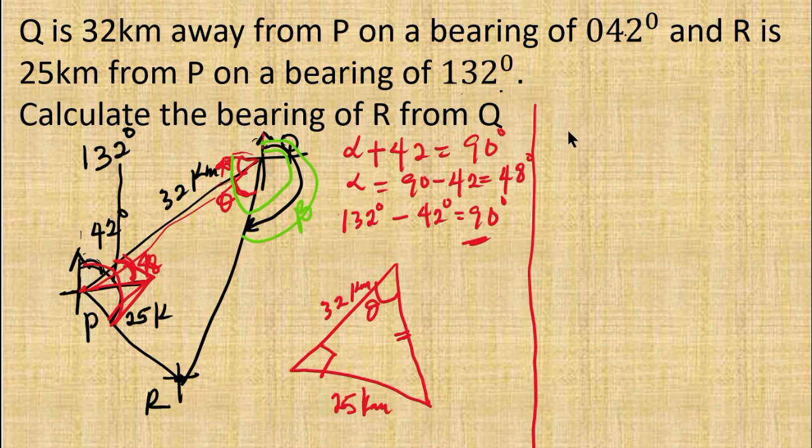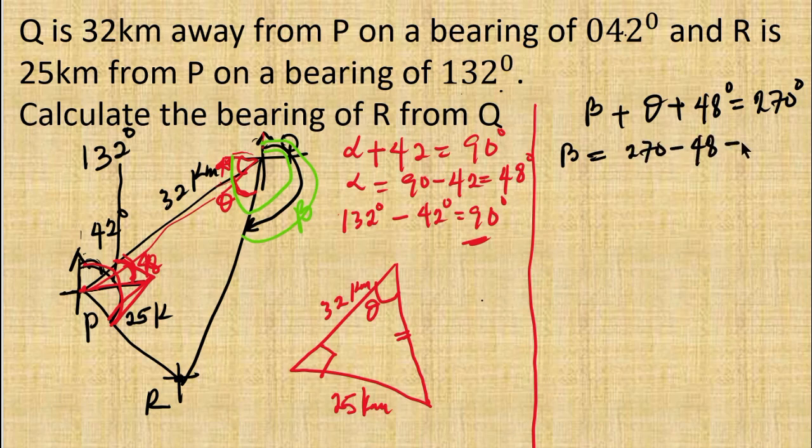So my beta plus theta plus 48 degrees should equal 270 degrees. So beta, which is the bearing of R from Q, will be 270 minus 48 minus theta. So we have to look for theta first.